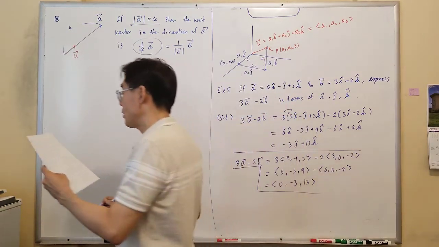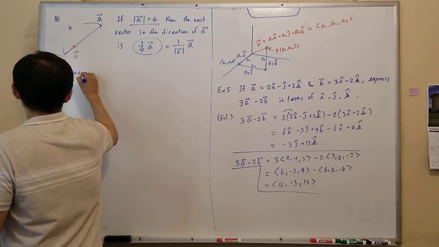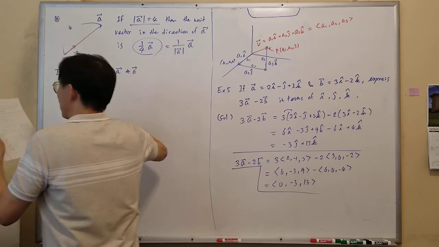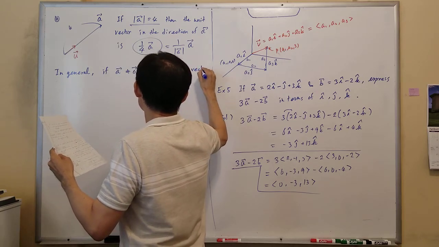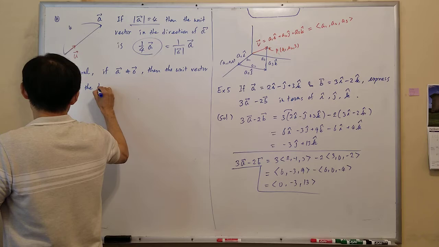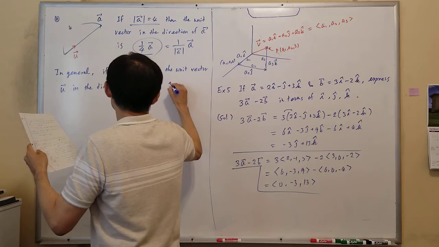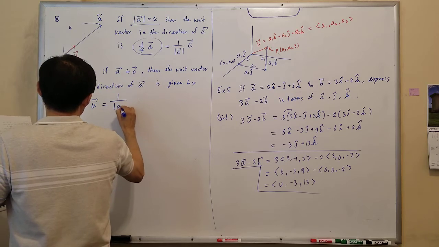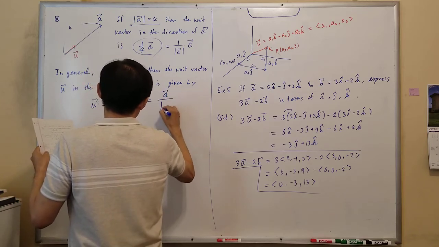Right? So in general, if vector A is not the zero vector, then the unit vector U in the direction of A is given by 1/magnitude of A times A. Sometimes they just write it this way.